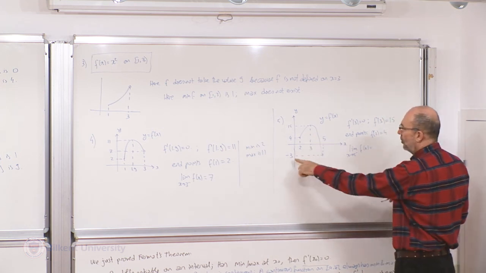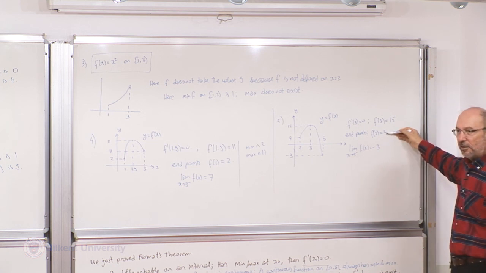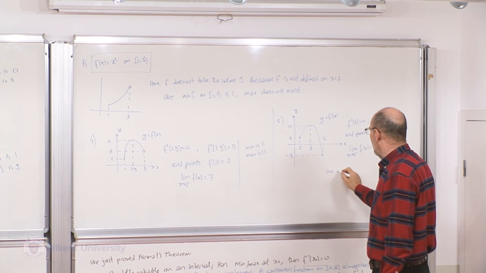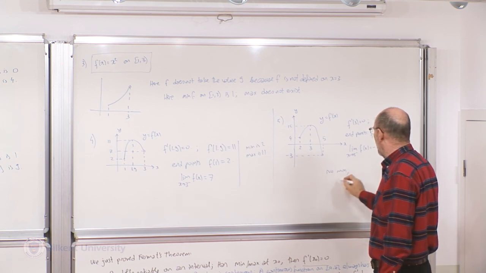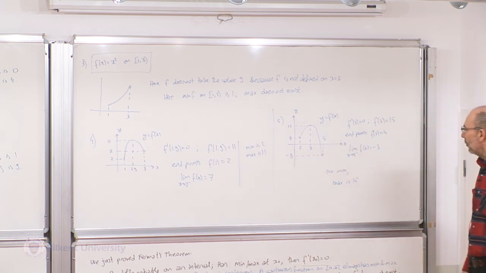In the picture, it is equal to minus 3. So this is less than this. So this function has no minimum, okay? No minimum. And max is 15 obtained at x equals 3, okay?